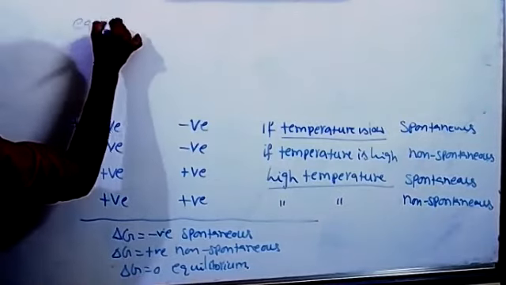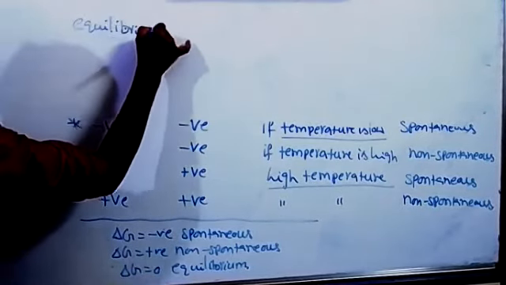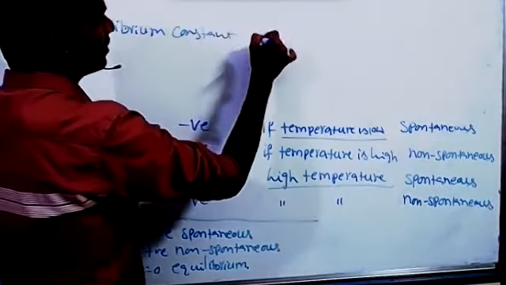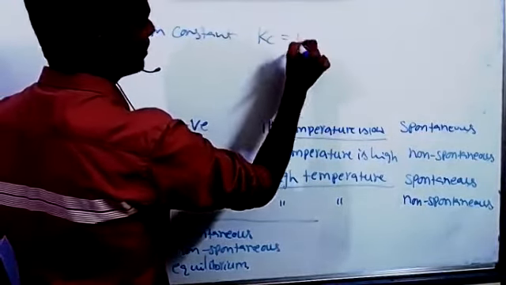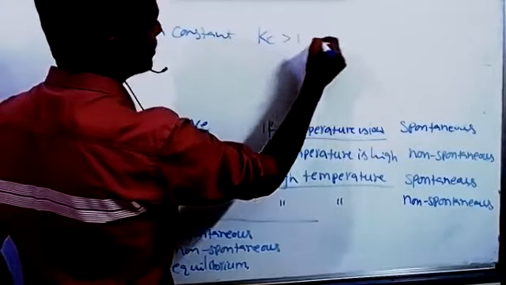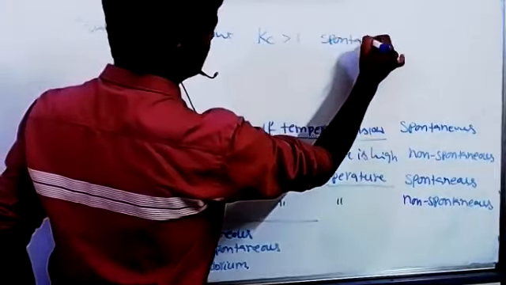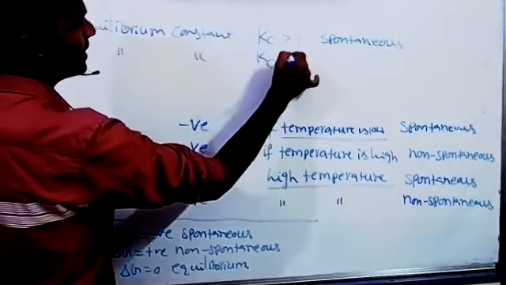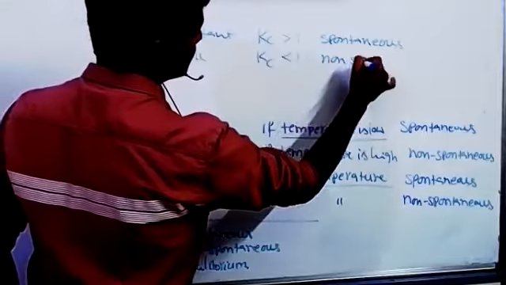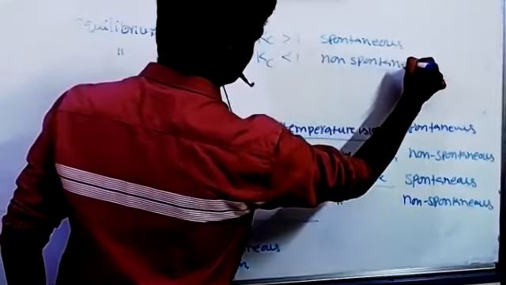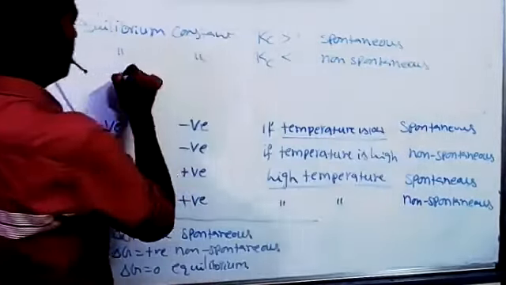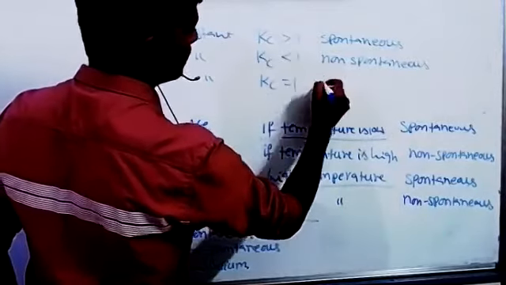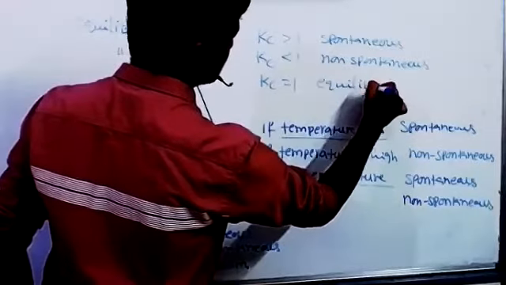Equilibrium constant Kc greater than 1, spontaneous. Equilibrium constant Kc less than 1, non-spontaneous. Equilibrium constant Kc is equal to 1, equilibrium. System is at equilibrium.